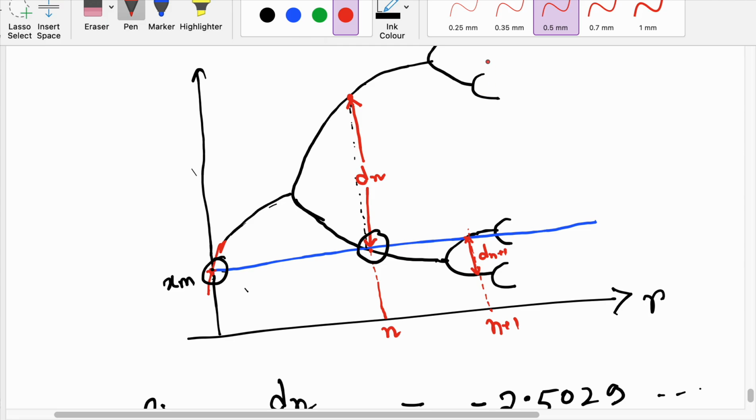Previously the structure looked very big. Now if I start observing here, the structure looks smaller because the distance between these points is reduced, so it scaled down in the y direction as well as in the r or x direction.